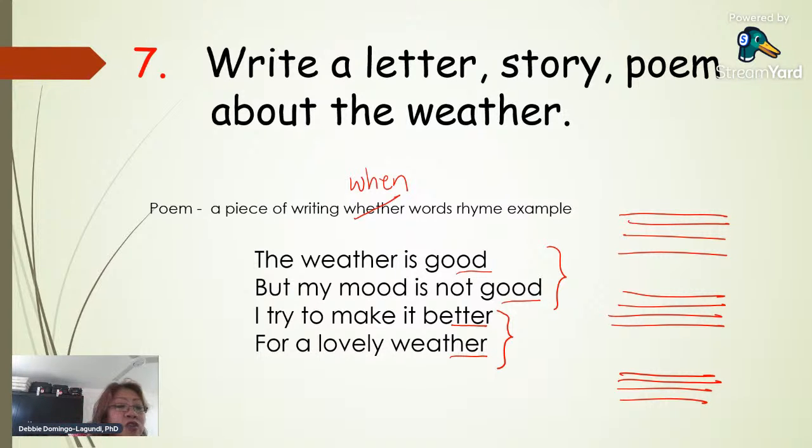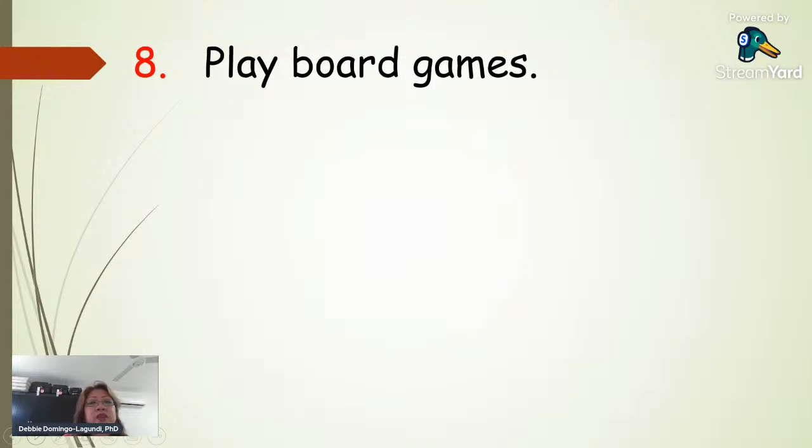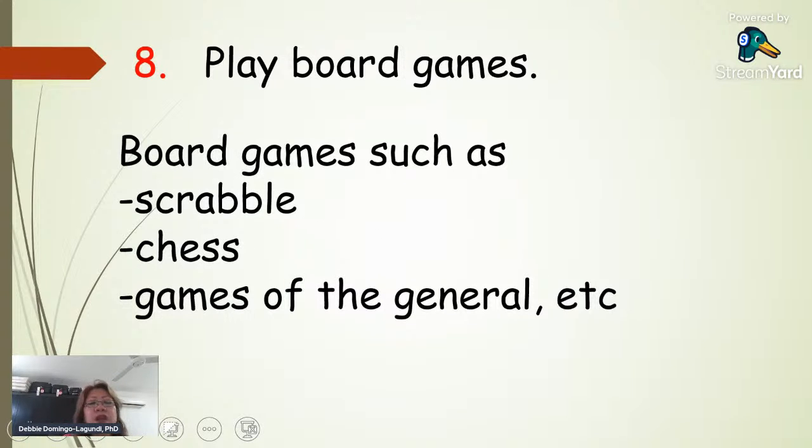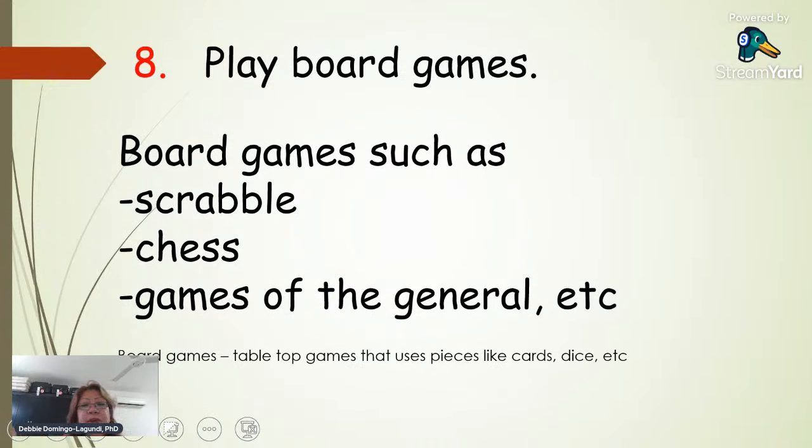Okay, so what can you do more during rainy days? Here you go. Play board games. What are these board games? And what are board games actually? Board games are Scrabble or word games, chess, games of the general, or all that you can think of that you can play on the table.